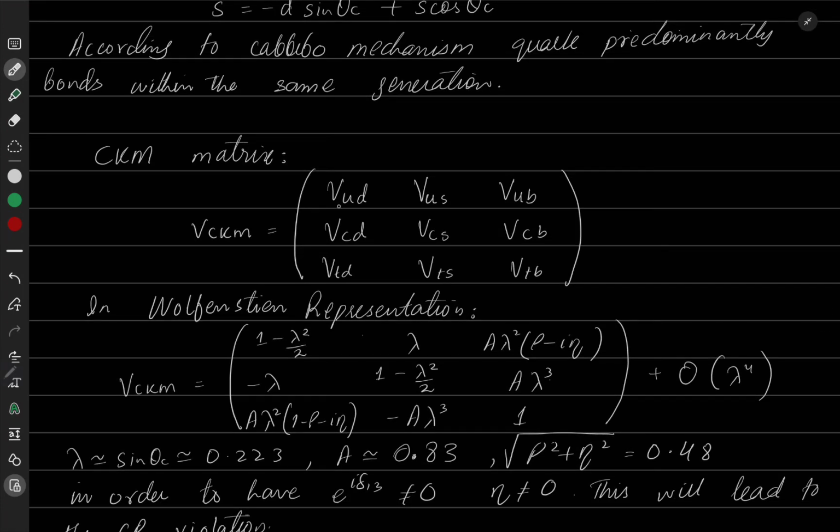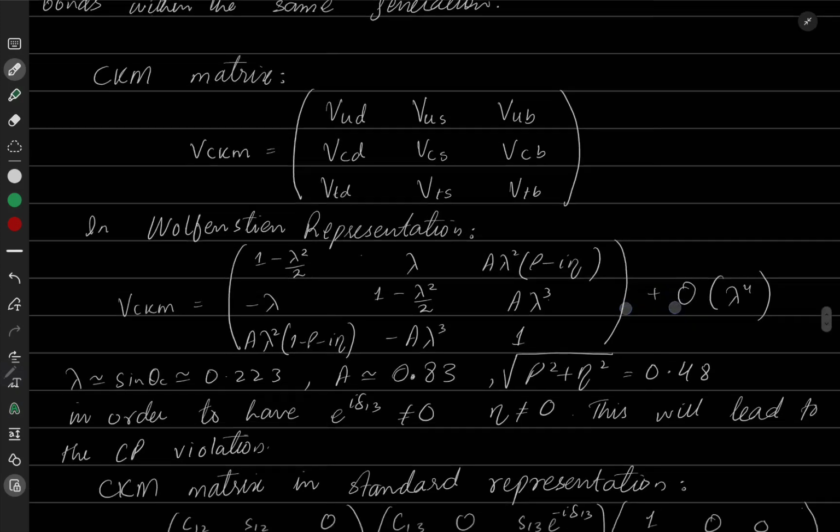In the first row we have the coupling of the up quark with the three down type quarks, which are down, strange and bottom. In the second row we have charm coupling with all three down type quarks, and at last we have the top coupling with all three down type quarks.